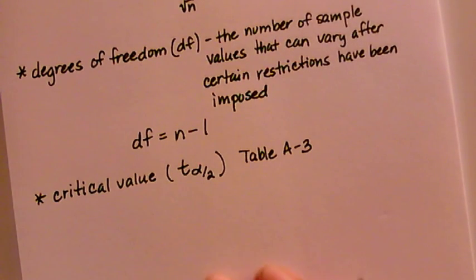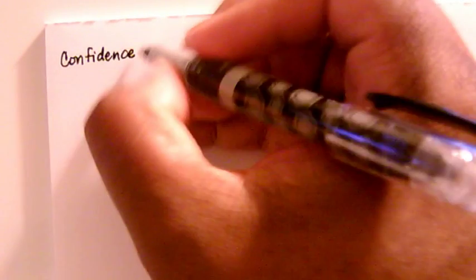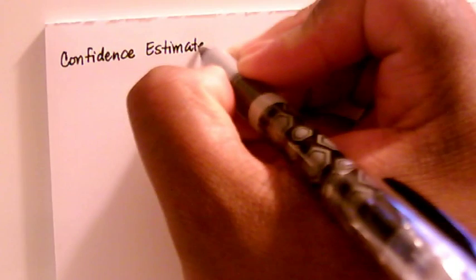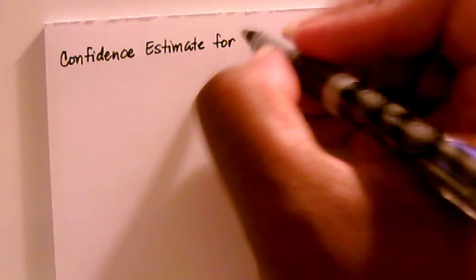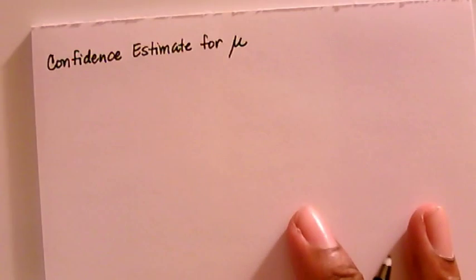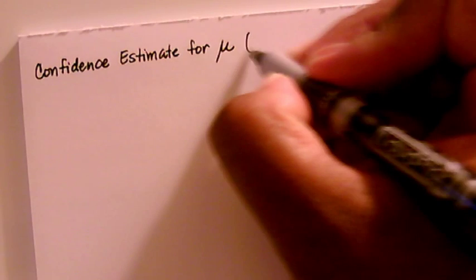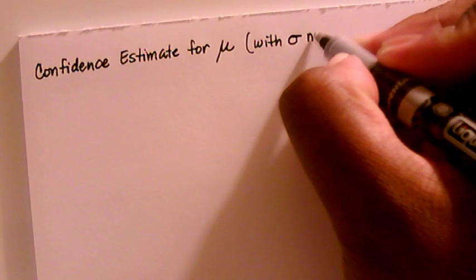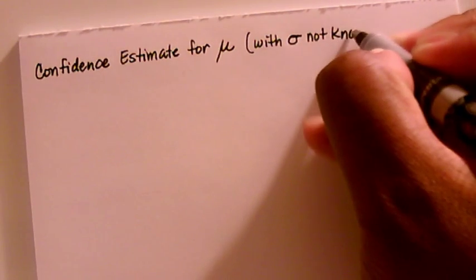Alright, next we'll go ahead and go into the confidence interval for estimating the population mean. Okay, so now, this is the confidence interval estimate for a population mean, and I'm just going to say for mu, and this is with sigma not known.